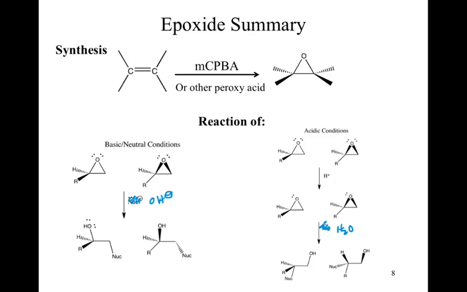And we would still end up with a diol, but the relationship of those 2 in either mechanism is still going to be trans. So the epoxide formation makes a diol, but it's a trans diol in this result. Okay? And that's due to how that reaction works.